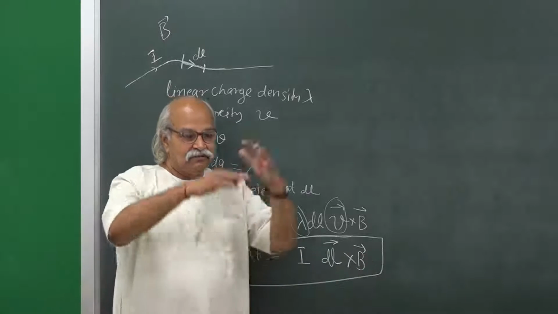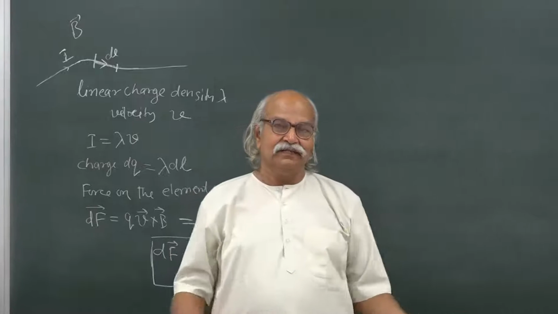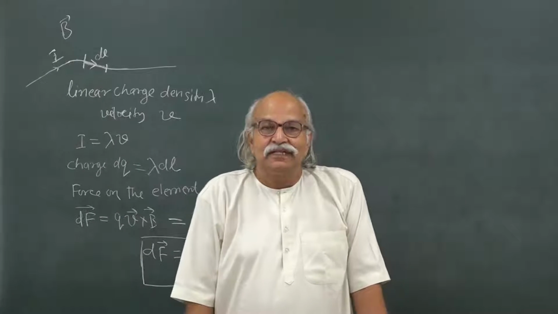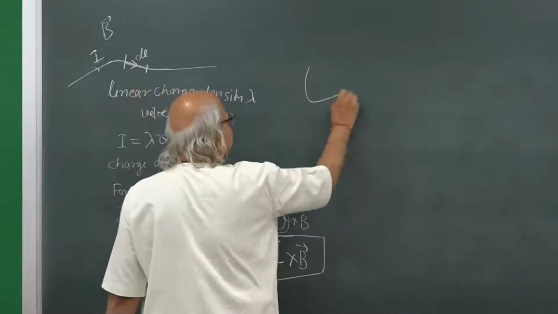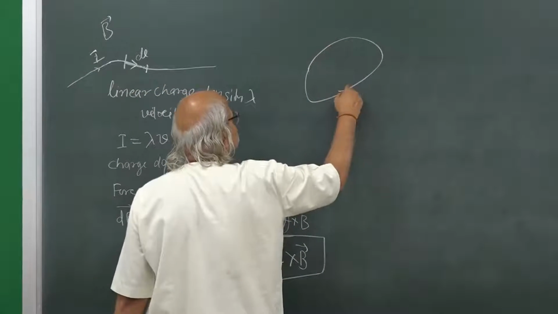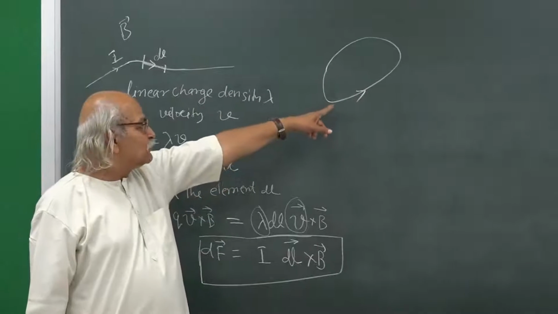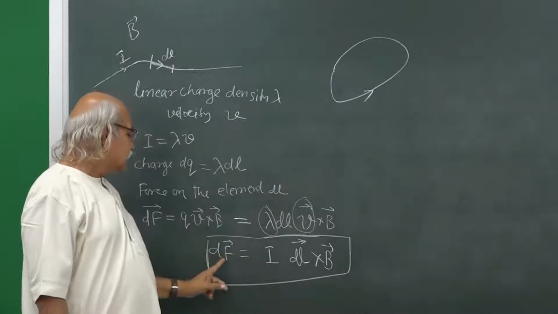If you have an extended circuit, then for each dl you can find the force, and then you can calculate how much is the total force. For example, suppose you have a current loop, current is going on this loop, then the total force because of the magnetic field on this current, we can integrate.